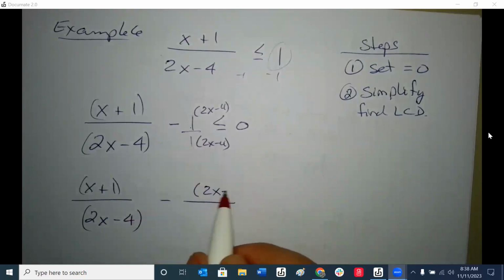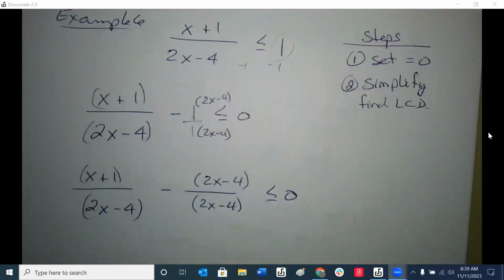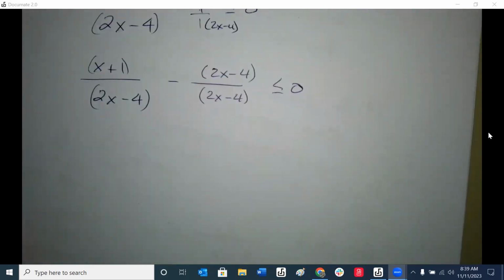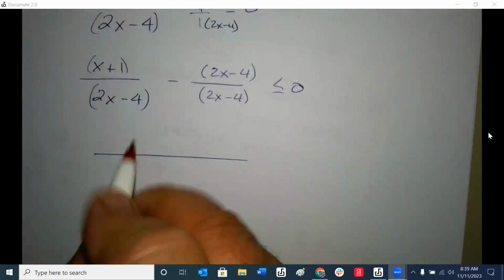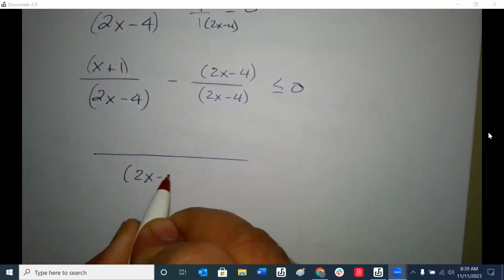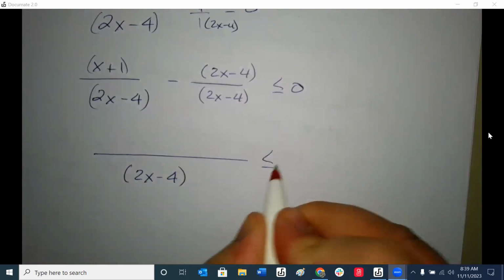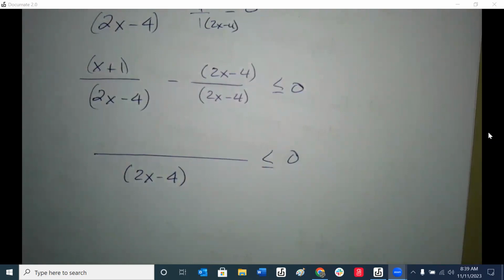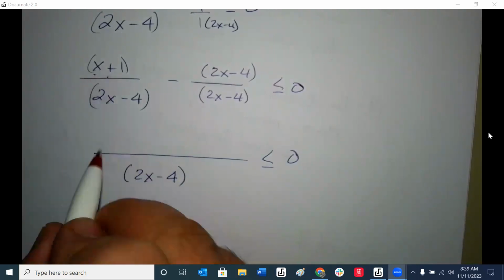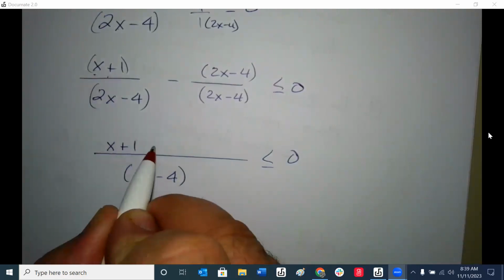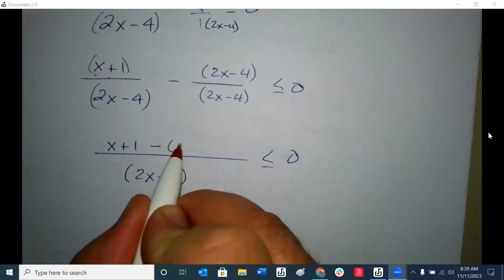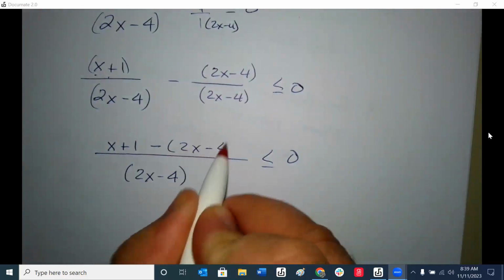Times 1 is 2x minus 4. Since we have a common denominator, never multiply out the denominators, even if you have multiple denominators. Even factor that, because that'll help make it easier to find our critical values. So on top we have x plus 1 minus 2x minus 4.